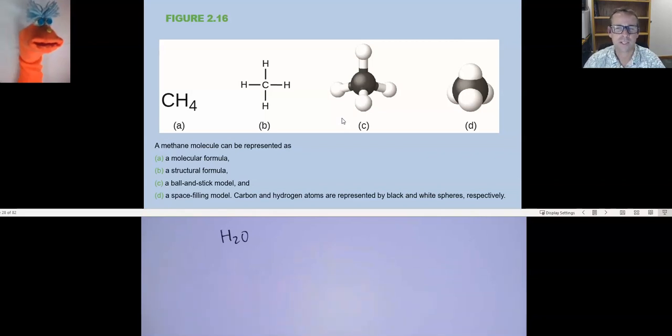This is a compound that's called methane. We can display it a variety of ways. We have a structural way here where you can actually see how the connections occur, ball and stick here, and a space filling model. This is really what the thing would look like if we could actually see it, and this is the structure that most looks like it.